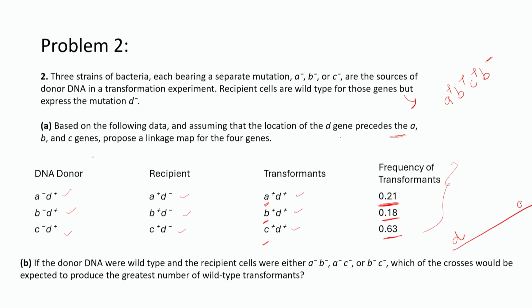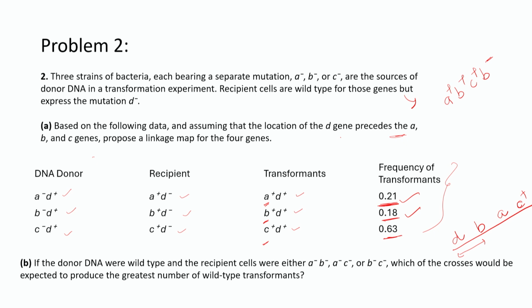So this is C. The next one is A here, then we have B. So this is our order. This is the order of the genes, separated based on the distances given by the frequency of transformation.